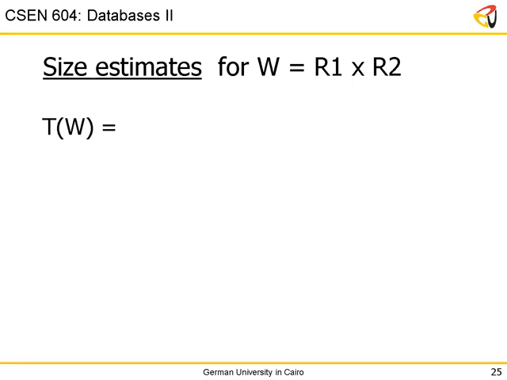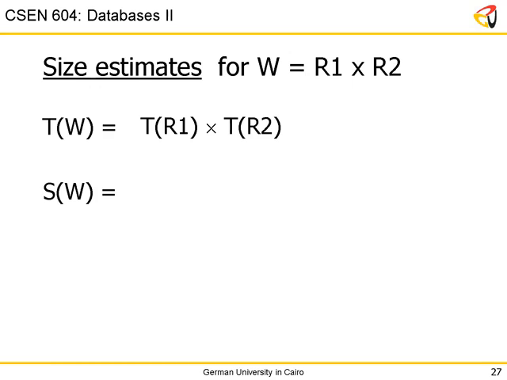So the total number of rows, T of W, is going to be T of R1 multiplied by T of R2, because I'm doing this blind pairing between the rows in R1 and the rows in R2. So if this has 5 rows and this has 10 rows, a cross product means I'm going to get 50 rows. And that's what this is saying: the number of tuples in R1 multiplied by the number of tuples in R2.